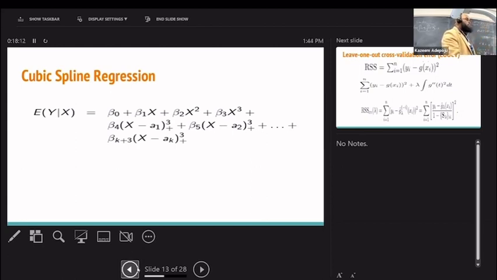What are you running away from? You don't want to go to higher order, all right? So the same problem that you want to prevent yourself from running into, you may run into when you have a lot of splines, but we have a way to optimally determine the number of splines. Does that make sense?